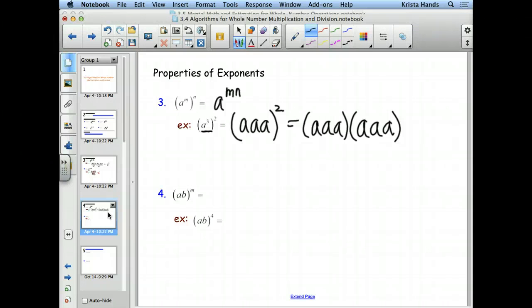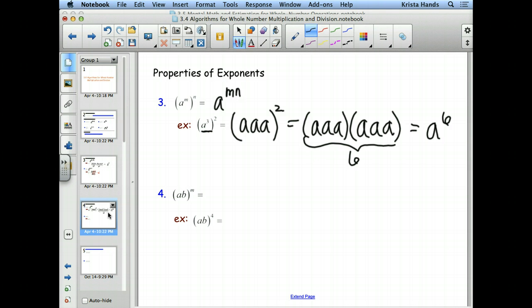So this is all multiplied, right? All right, so how many a's did I get? I don't think there's 9 of them. Oh, 6. 6 of them, right. There are 6 a's here. So how do you take 3 and 2 and get 6? Multiply. Multiply to get that to be 6.